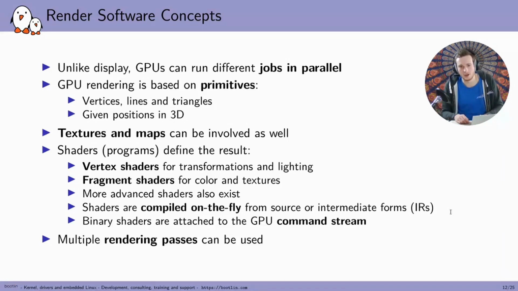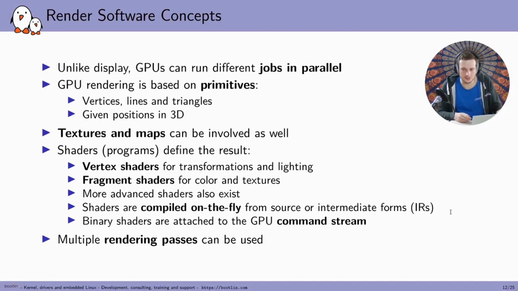So these are vertices, which are just a name we give to points in 3D. So vertices, lines between these vertices, and triangles made of the different lines. So they all have positions in 3D. And so this is used to create geometry and create shapes in 3D that the GPU is going to render in a final flat 2D frame buffer.